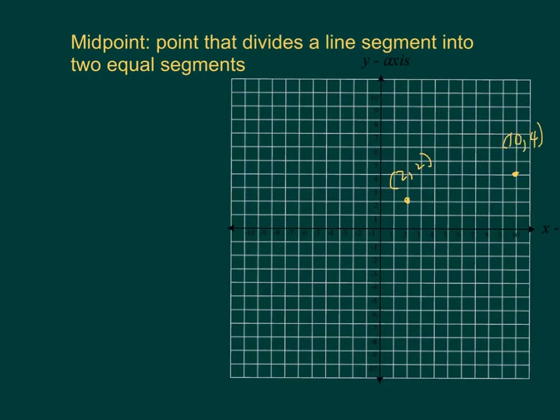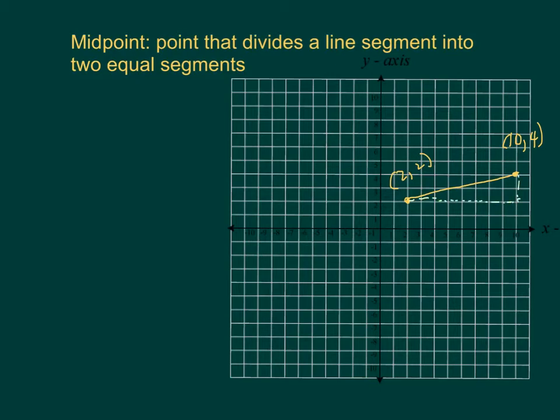Now, if I want to find the midpoint of these two, the easiest way for me to look at it is, actually, let me just draw the line. There we go. The easiest way for me to think of it is somewhat like a triangle, so I'm just going to make this triangle-looking shape.